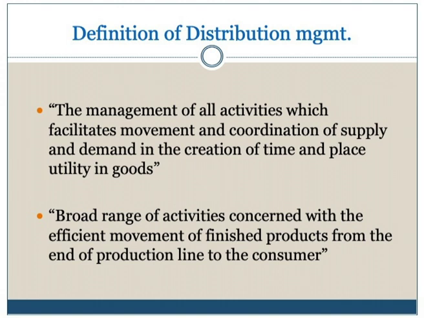It creates time and place utility in goods. There is a time gap between when goods are produced by the manufacturers and when they are required by the consumers for consumption. There is also a gap in terms of place, where the manufacturing happens and where consumption happens. Distribution management bridges such gaps and brings together the sellers and the buyers.